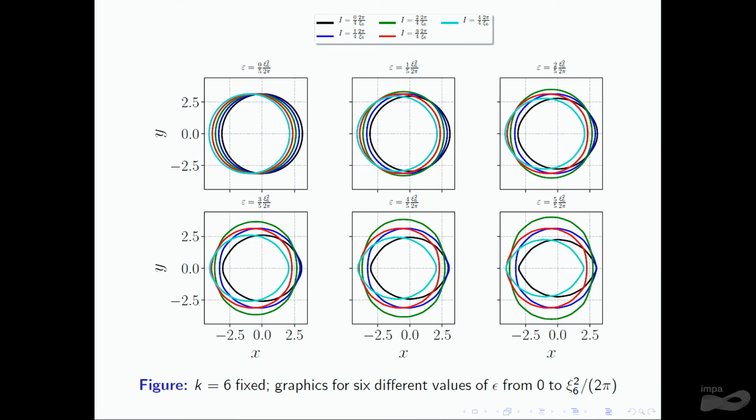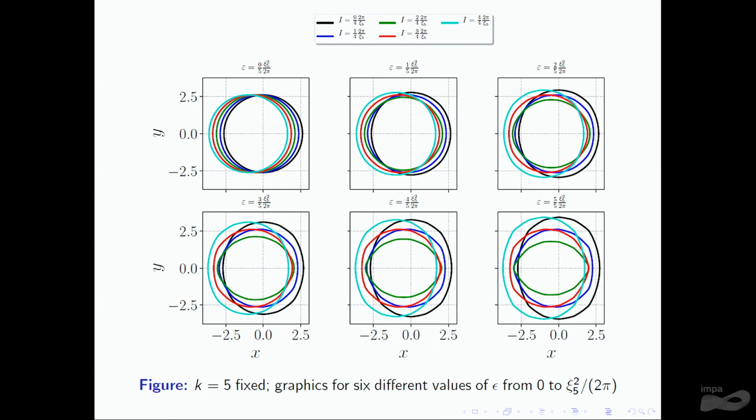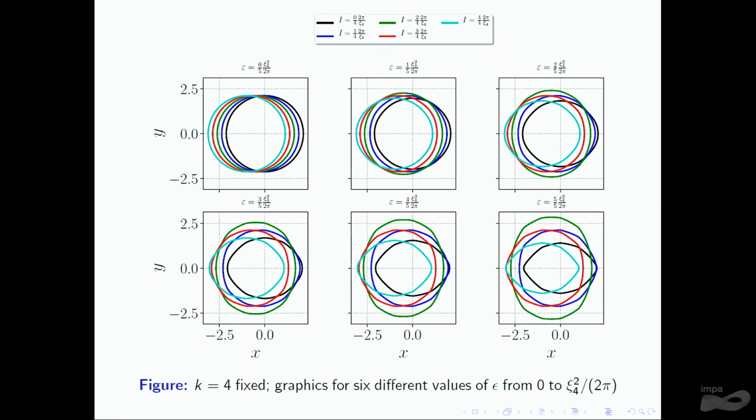So already for these first 6 values, you get an idea of what's going on. Some curves will become more elongated, some curves will become shorter. But this is basically what happens if you do this with Python for higher and higher values of k.